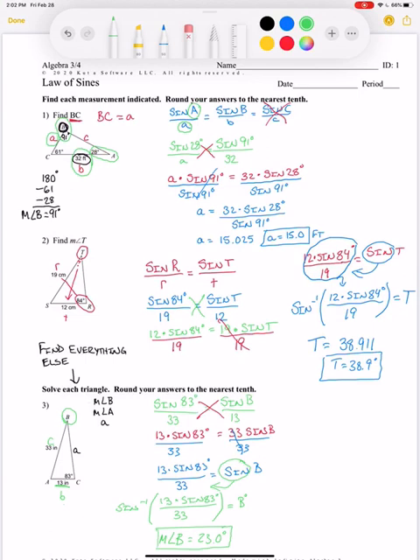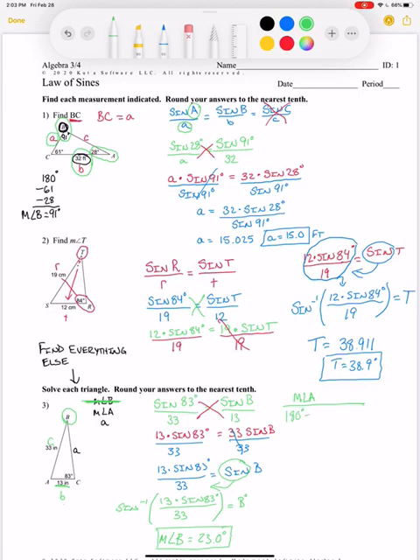So I found angle B. I can cross that off the things I need to do. Now I need to find angle A. Finding the measure of angle A is pretty straightforward. I know the entire triangle is 180 degrees.